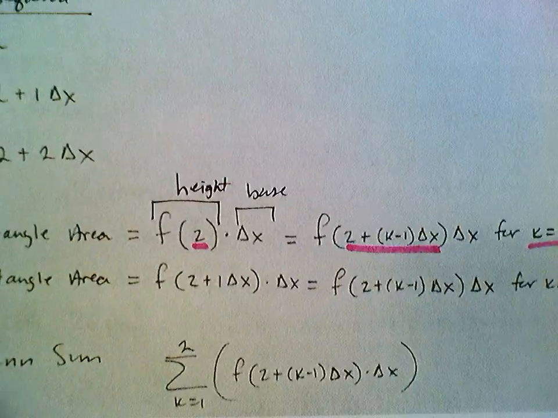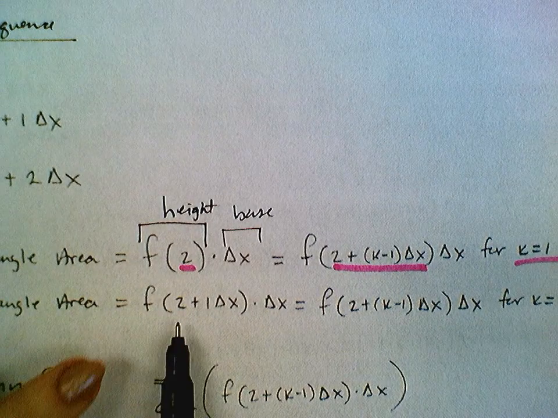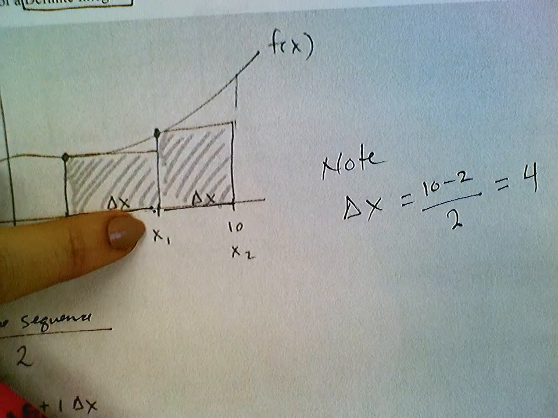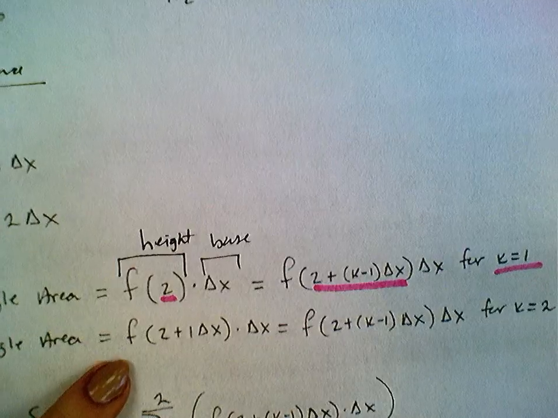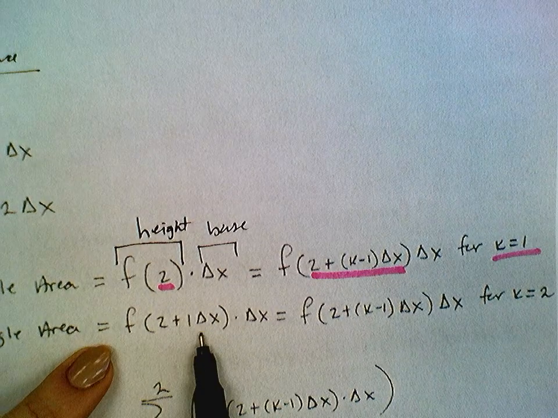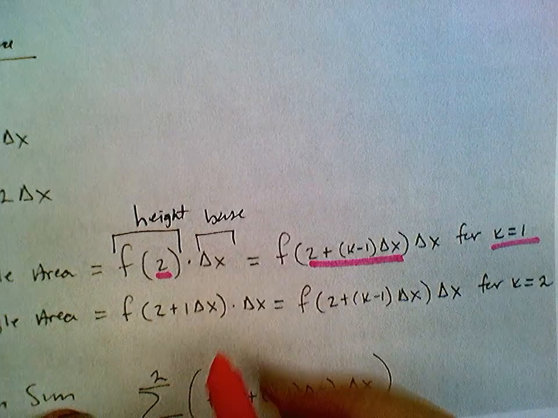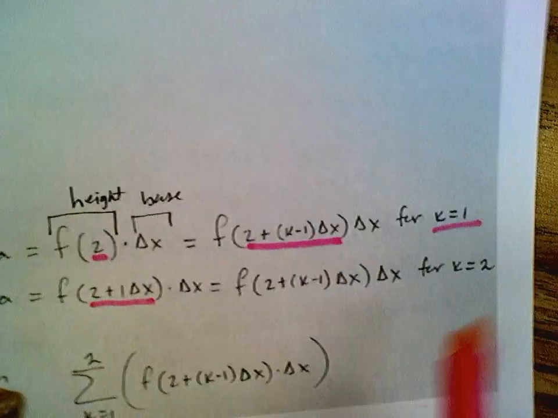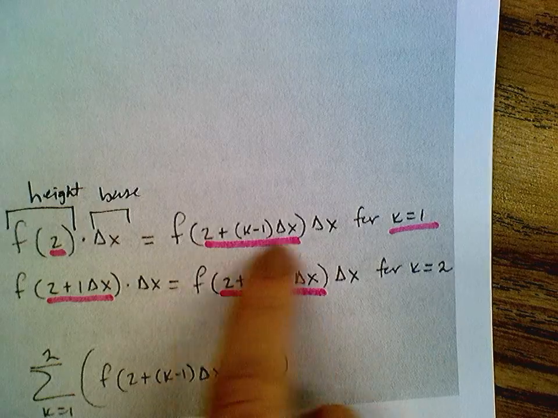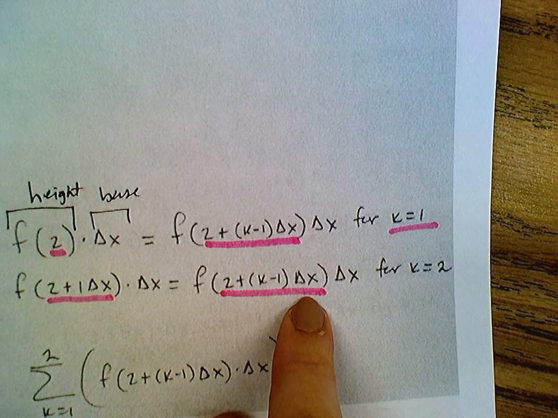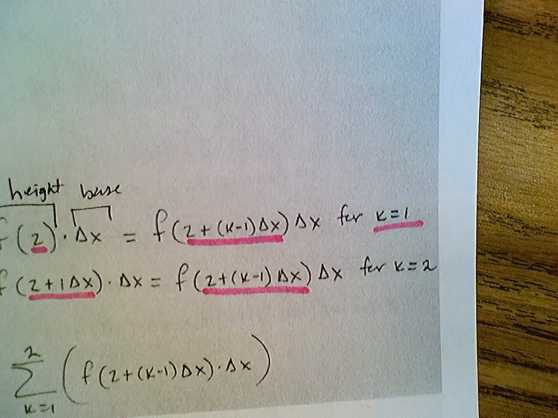The second rectangle's area is f of x sub 1, but x sub 1 is 2 plus 1 delta x. And 2 plus 1 delta x we can express as the same expression for k equals 2.